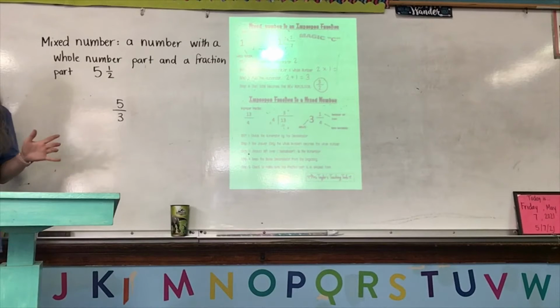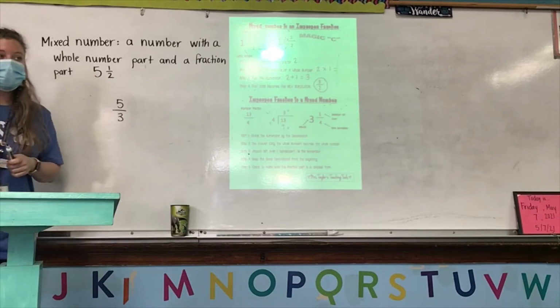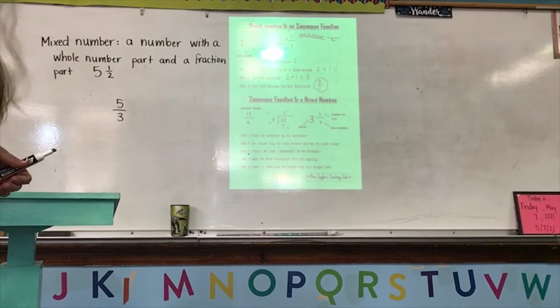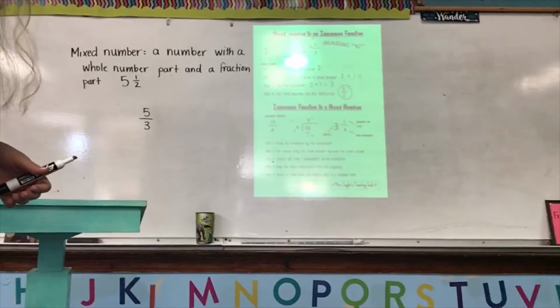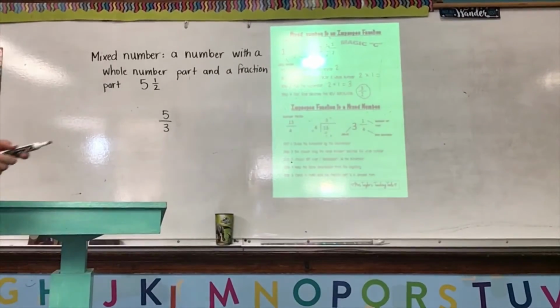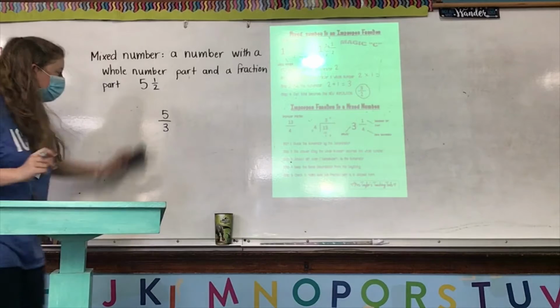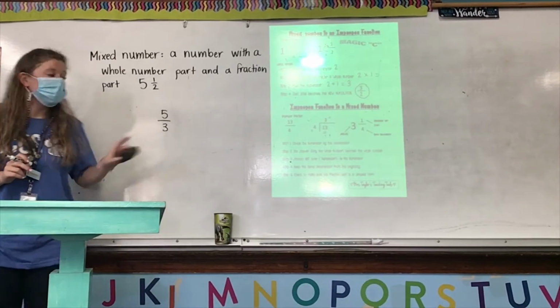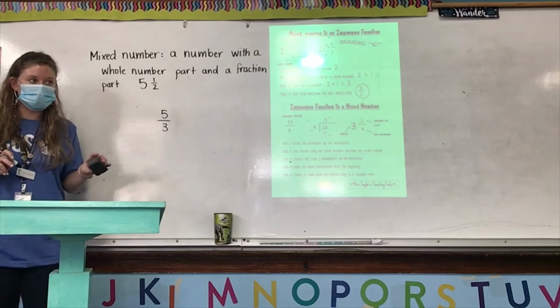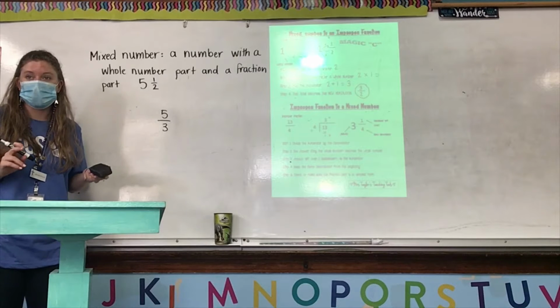5/3. Have we seen any fractions with a larger numerator than denominator in this chapter? No. So we cannot have this, especially these types of fractions do exist, and we're actually going to talk about them in just a second.